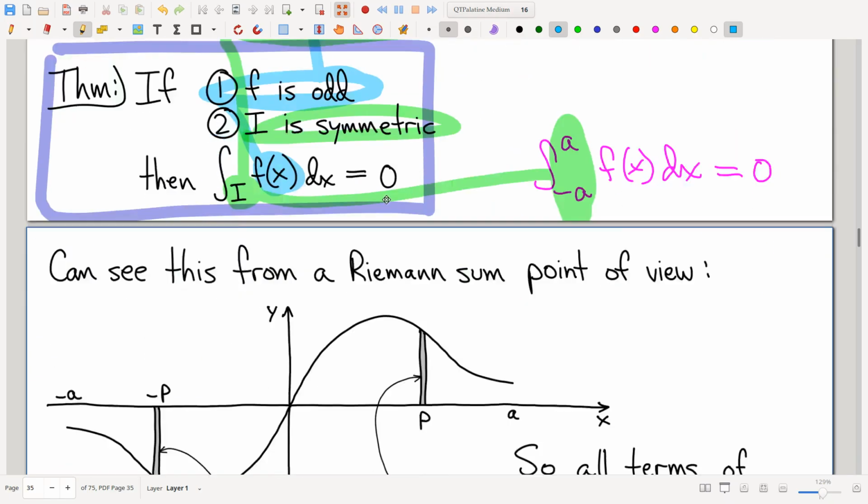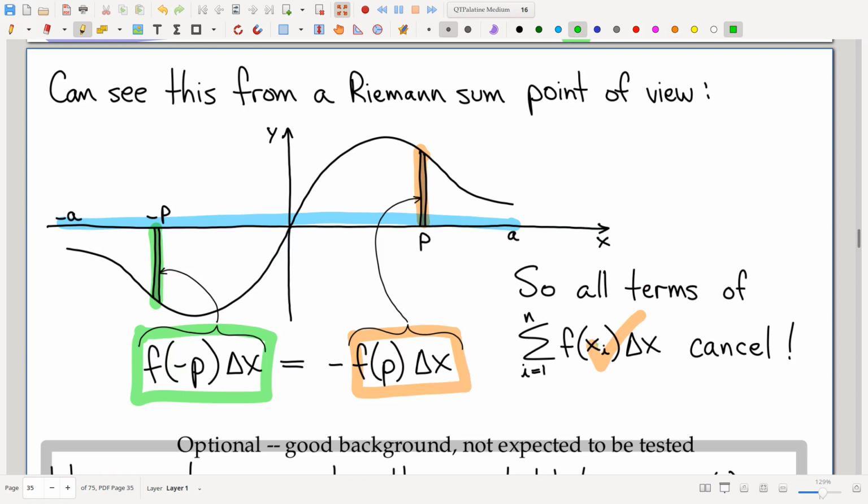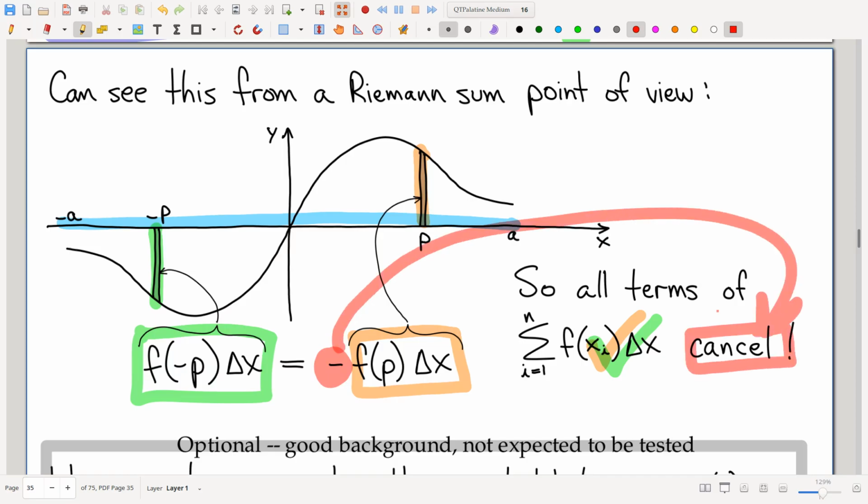So in particular, this Riemann sum argument. If you've got your symmetric domain here from negative a to a, then whatever term in the Riemann sum you might be looking at for negative p, and the corresponding term in the Riemann sum for positive p, notice those two terms, because of the oddness, because of this corresponding minus sign, cancel.